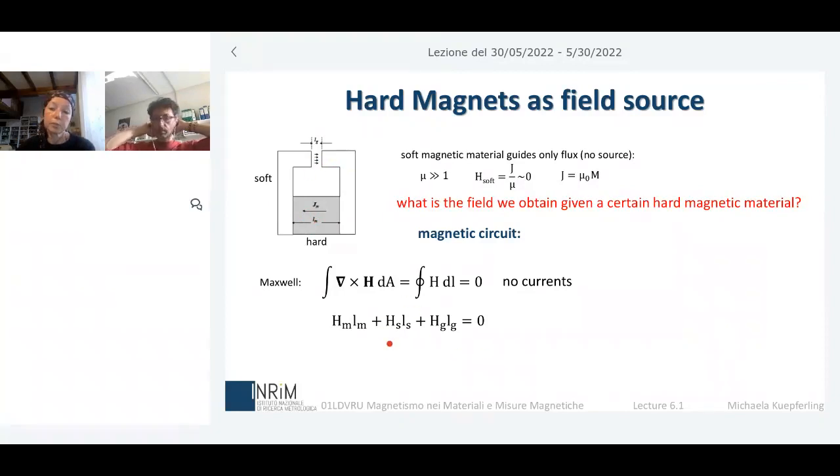The contribution of the soft magnetic material, of course, is 0, due to our assumption. And in this way, we find immediately that the field in the gap is equal to minus the field in the magnetic material times a factor that considers the length of the magnetic path.